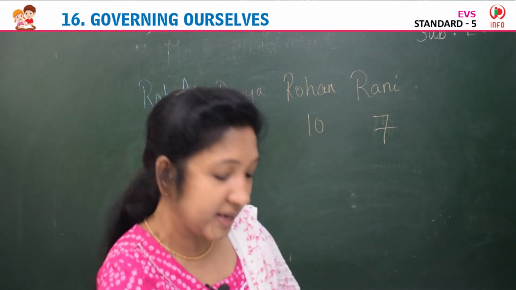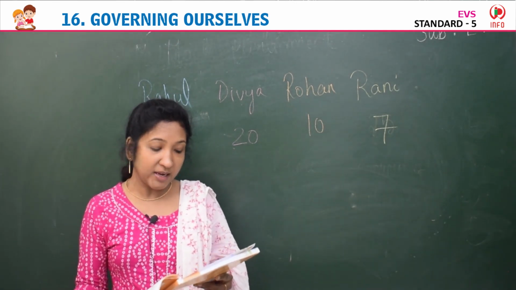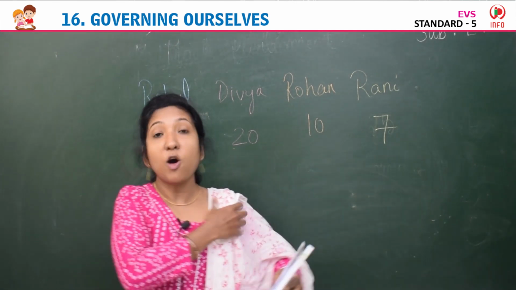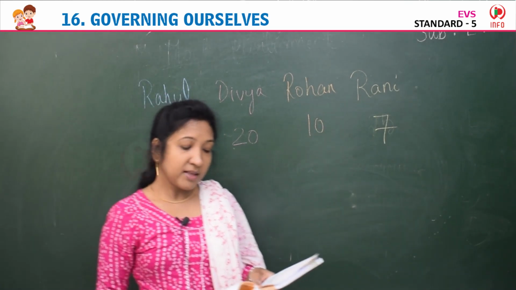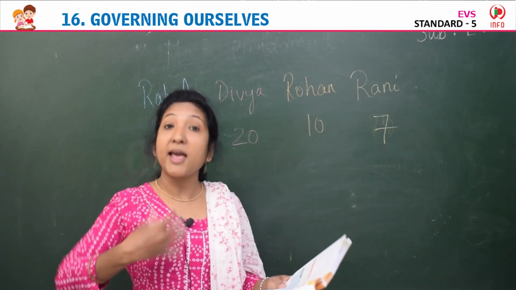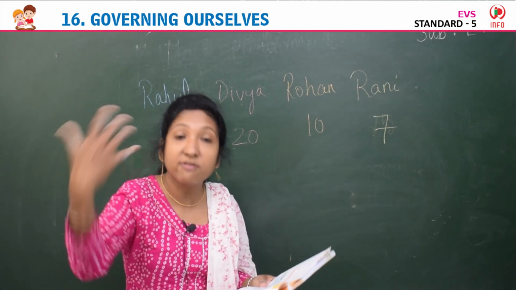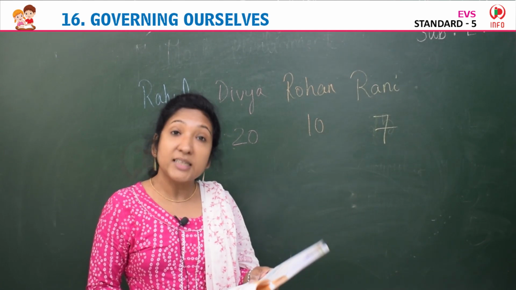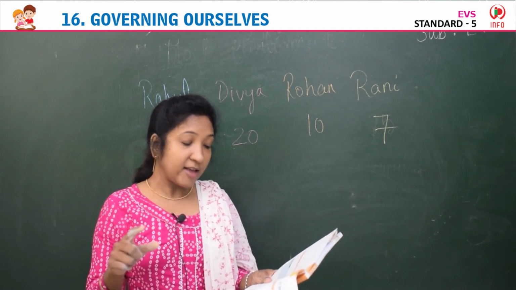Democracy also means that all citizens are free to express their opinion in public. Some extra information about democracy they have given: all the people are free to express their opinions. They can give suggestions. They can freely criticize the government if they feel that it is not discharging its duties properly.